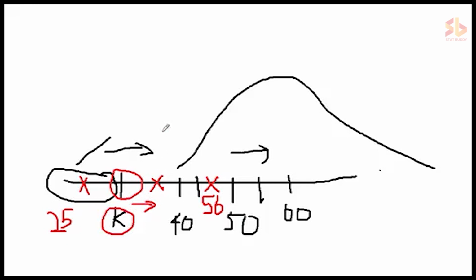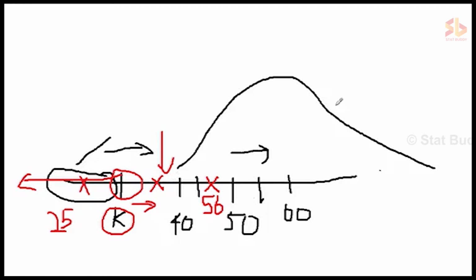So if our sample gave a value somewhere in here, still we can say that our H naught is true, which means we don't have enough evidence to reject H naught. This is the rejection region, and if our sample value lies in the rejection region, we reject H naught, and if not, we accept H naught.